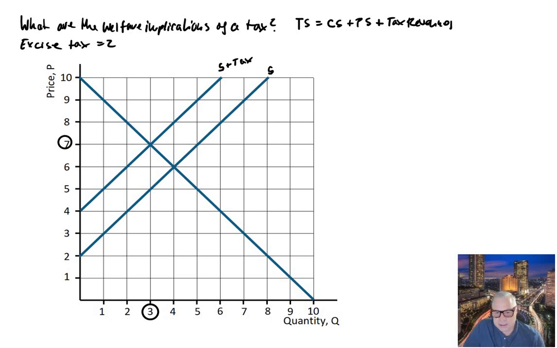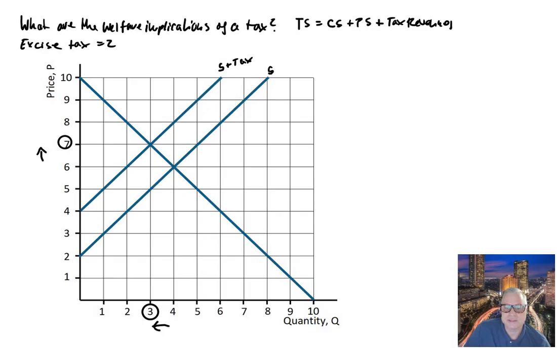So just like the price floor or the price ceiling, the imposition of the tax has reduced economic activity from 4 to 3, and the price went up from 6 to 7. Now, why is it that when the price was 6 before, and then we impose a tax of 2, the price doesn't go up to 8?